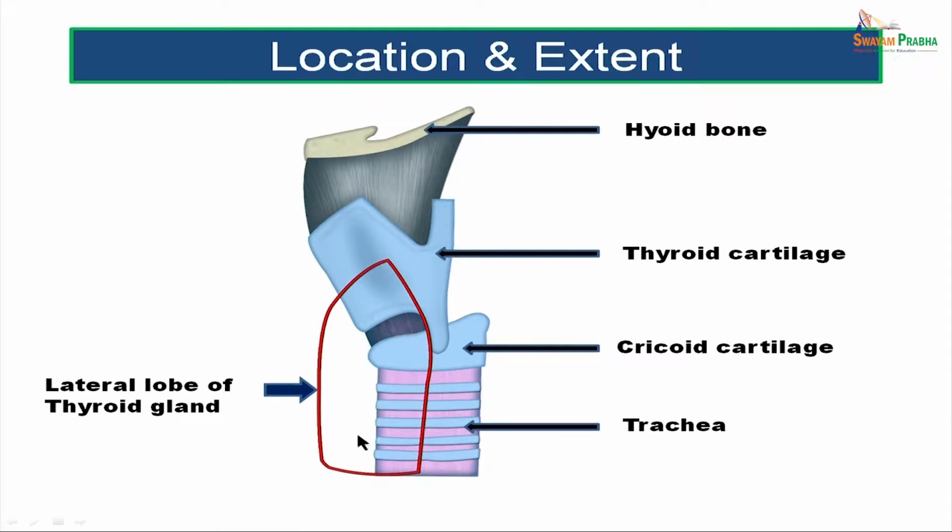Whereas the lower end, which is called as the base of the lateral lobe, will be in relation to the tracheal rings, either the 4th or the 5th tracheal ring. This is the base of the lateral lobe. So, the extent is from the oblique line of the thyroid cartilage to the 4th or the 5th tracheal rings. That is the extent of lateral lobe.